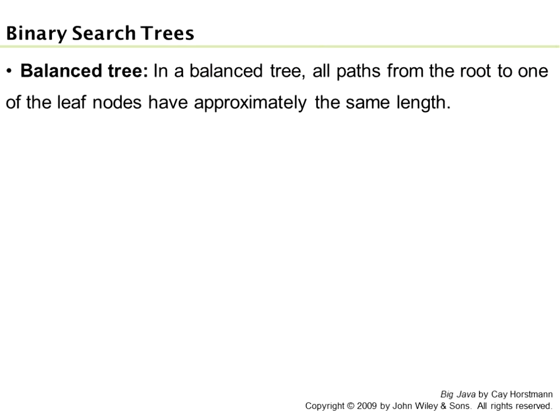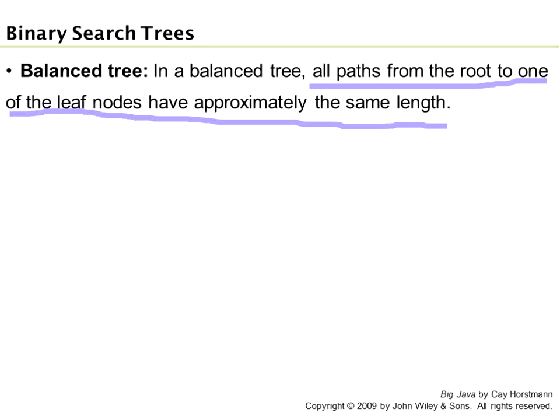Okay, now I'll tell you the difference. In a balanced tree, all paths from the root to one of the leaf nodes have approximately the same length. This is the difference.